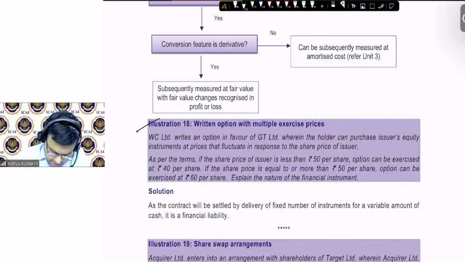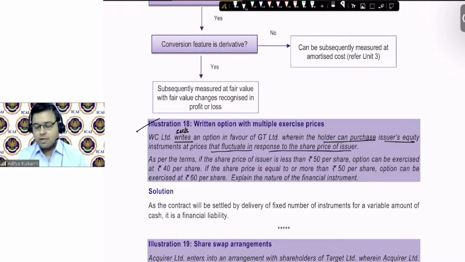WC Limited writes an option in favor of GT Limited. Okay, so writes an option, that means sells an option in favor of GT Limited, wherein the holder can purchase issuer's equity instruments. Issuer means WC Limited, at prices that fluctuate in response to the share price of the issuer.